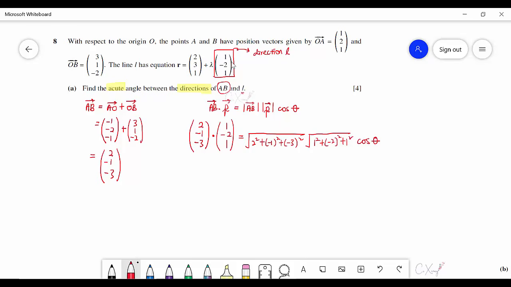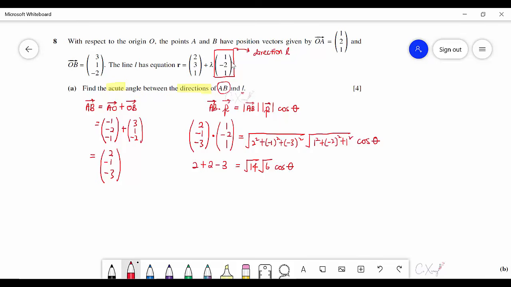Then you just try to do the dot product. So the dot product will be: 2 multiplied with 1, you get a 2, and then plus -1 multiplied with -2, you get a 2 also, then minus 3. And it equals, simplifying everything inside the square root, square root 14 multiplied with square root 6 and then cos theta.